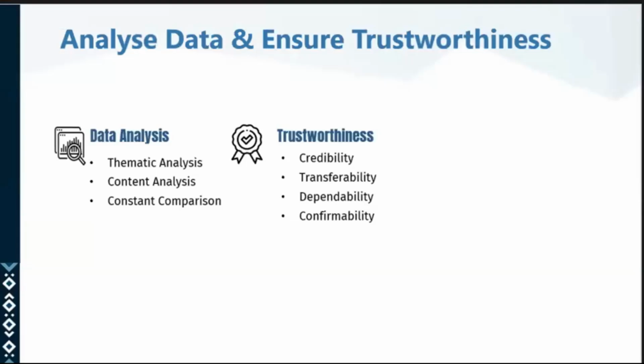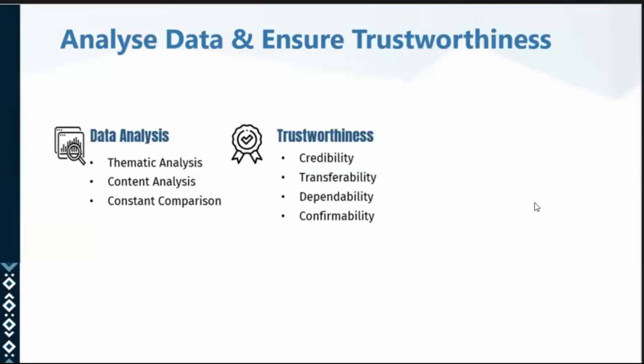And when we are talking about dependability, it is the extent to which the finding can be applied to similar contexts and you're still going to have the same information. And transferability refers to the consistency of the finding if the study were repeated under similar conditions. And confirmability refers to the extent to which the findings are free from research bias and are based on the data, not the researcher's personal belief or expectation.